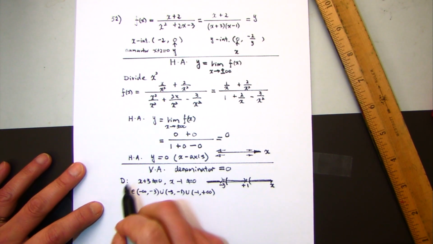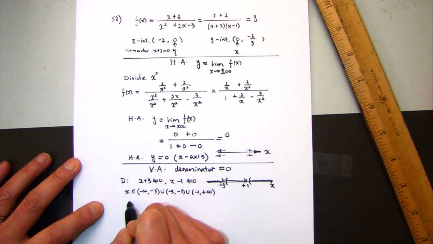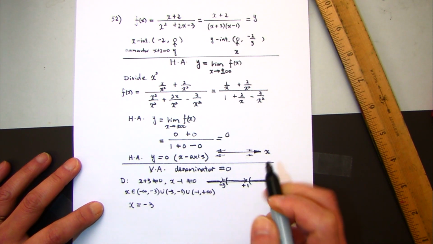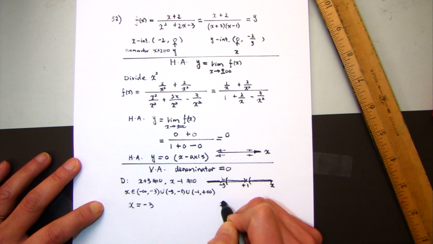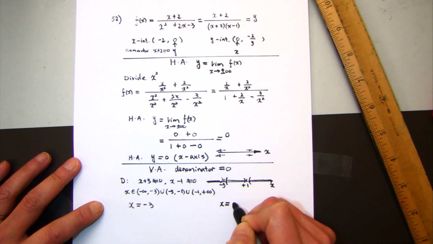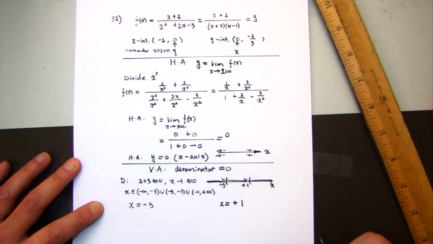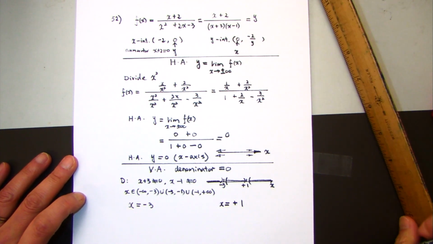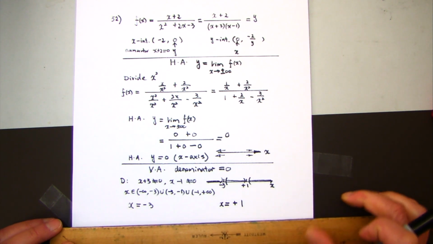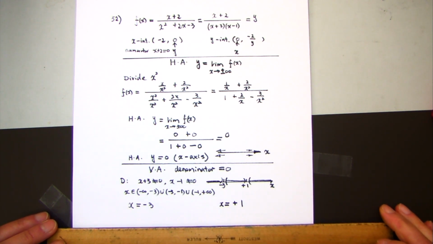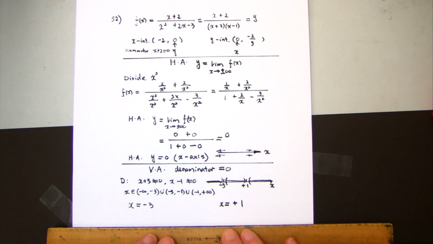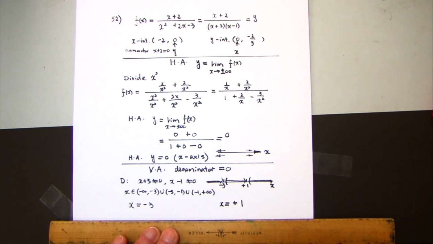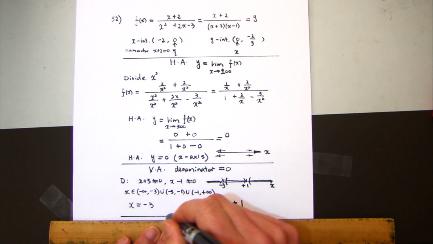So for an asymptote, I know my graph cannot touch it, cannot cross it. I just want to know what my graph does when I get really close to these two numbers from the left and from the right. So let's do a little preparation just to see how we can look at the behavior of our graphs around negative 3 and positive 1.